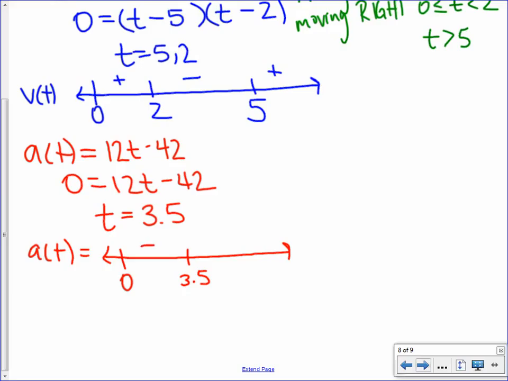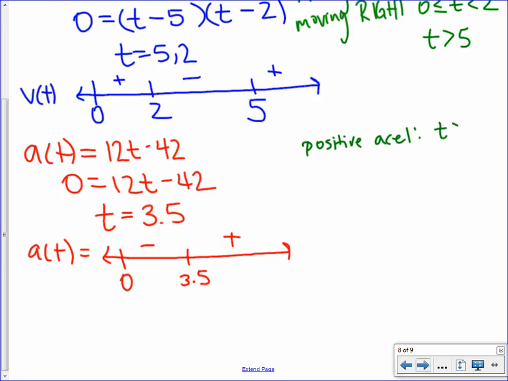To the right of 3.5, do we have positive or negative acceleration? Positive. Okay, so from 0 to 3.5, we have negative acceleration. From 3.5 on, we have positive acceleration. So I'm just going to write that here.